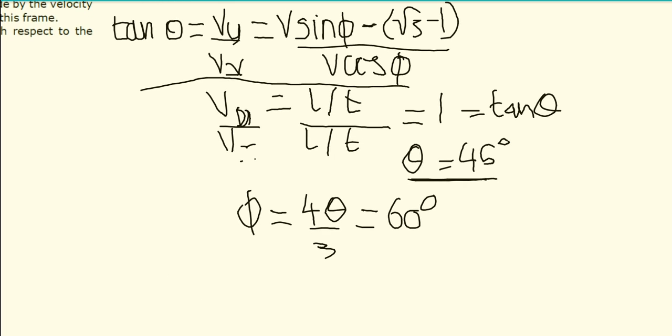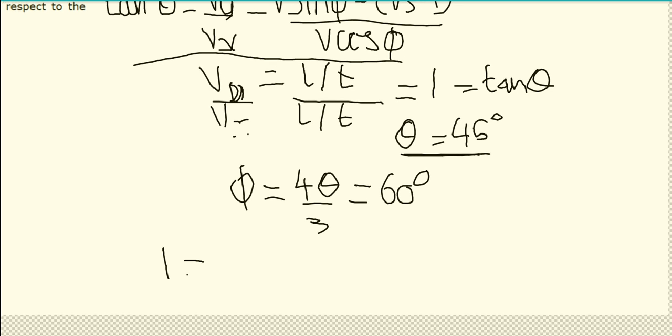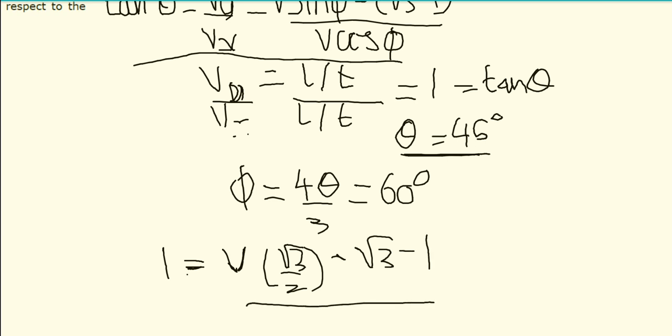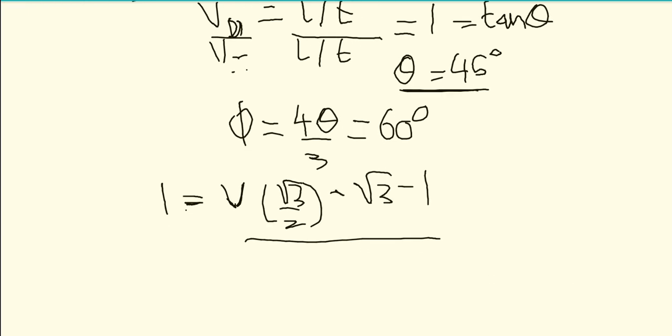So tan theta is equal to 1, which is equal to v sin phi, where sin 60 degrees is √3 divided by 2, minus (√3 minus 1), divided by v cos phi. Cos phi is equal to half.